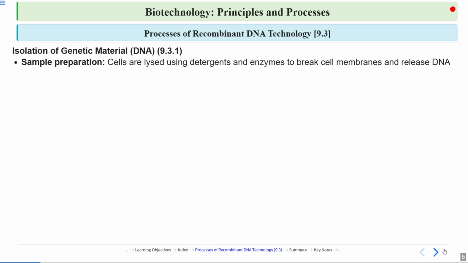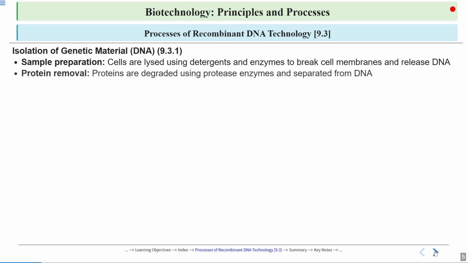In the last class we talked about how we use cellulase for plants, lysozyme for bacteria, and chitinase for fungi with chitin. Then we remove the protein and RNA using protease enzyme as well as RNase enzyme. This RNase enzyme eliminates the RNA contamination.